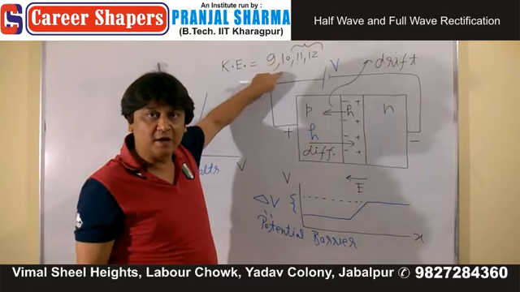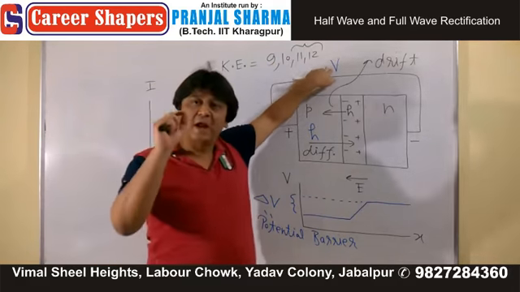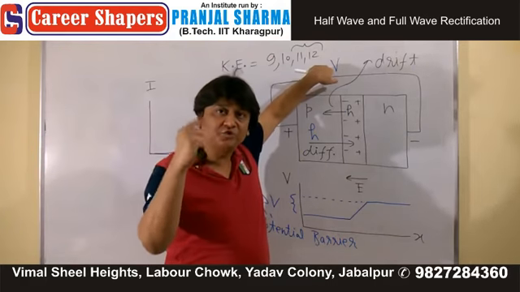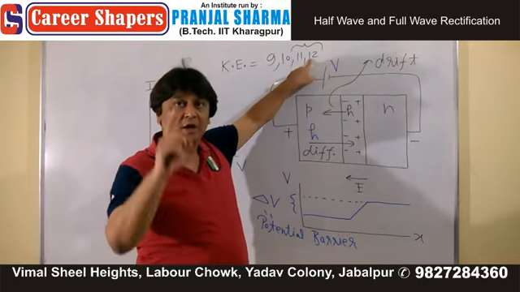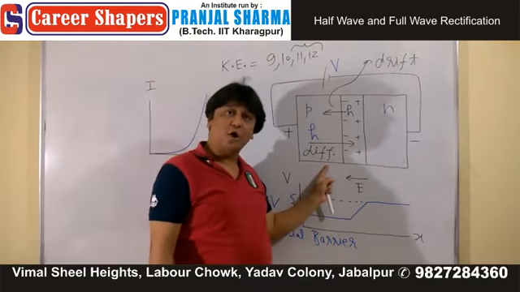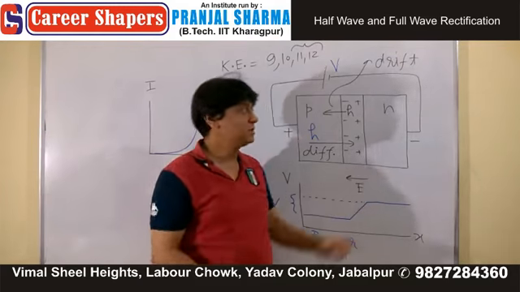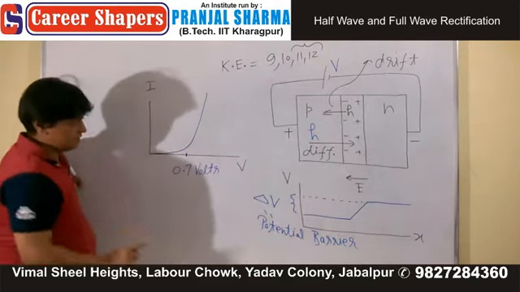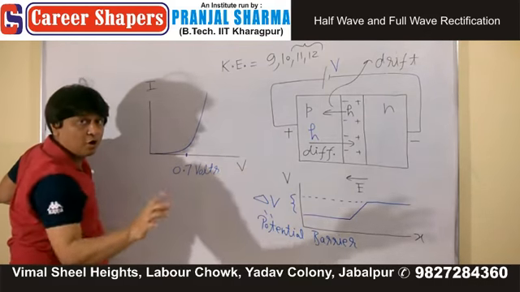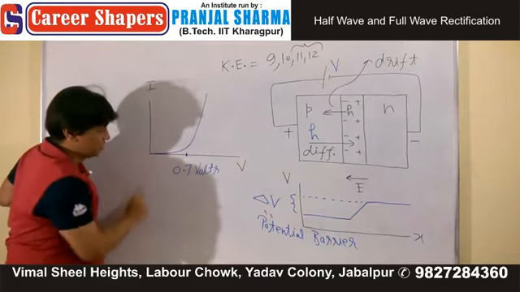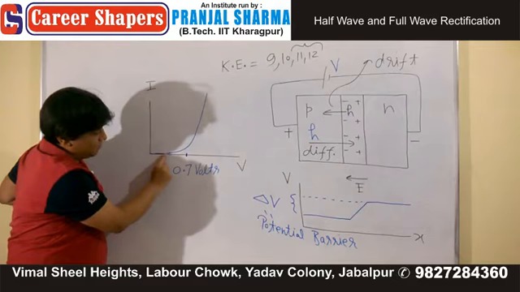These 9 and 10, now if you give them a little bit of extra energy, then they can also cross from P to N, which means the moment you apply a positive or forward biasing voltage, you see a small development of current.